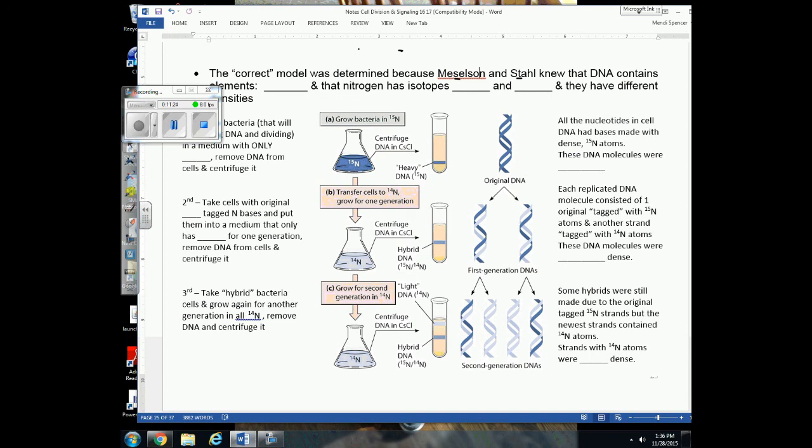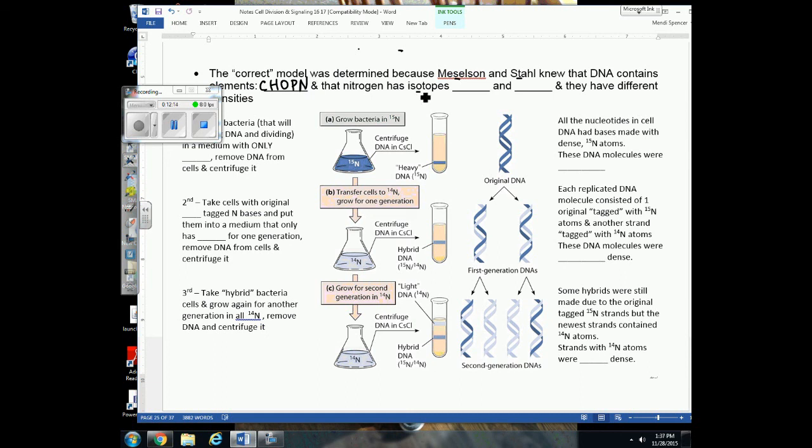Also, research like this emphasizes why they want you to have memorized some of the elements that make up different molecules. So, for example, for Meselson and Stahl to set up this experiment, they had to know that DNA was made of carbon, hydrogen, oxygen, phosphorus, and nitrogen. Something else that they had to have some knowledge about was isotopes.